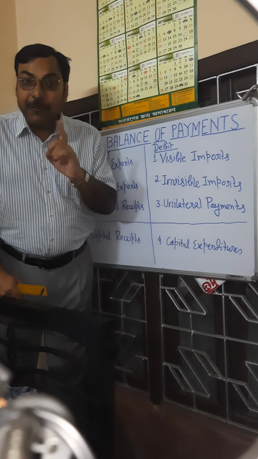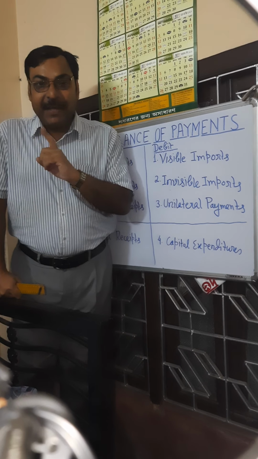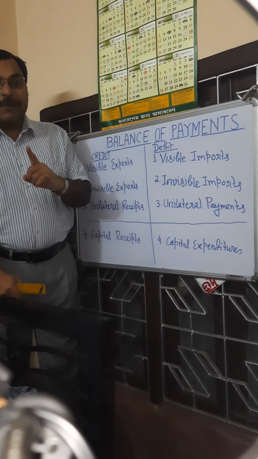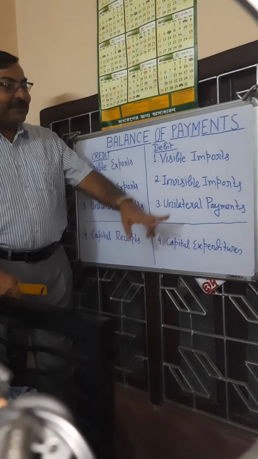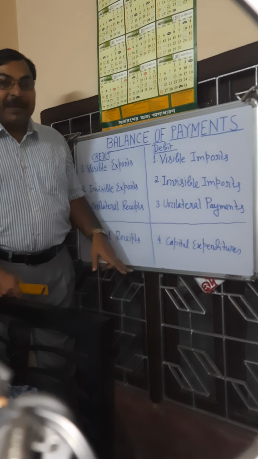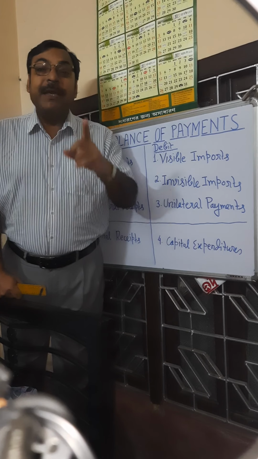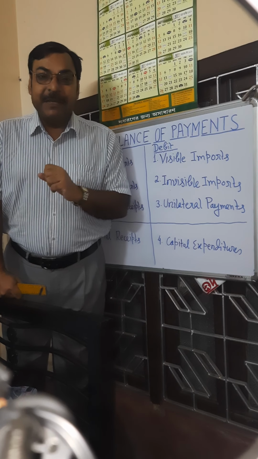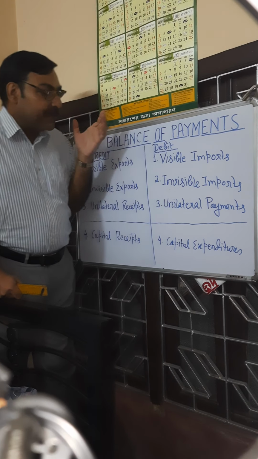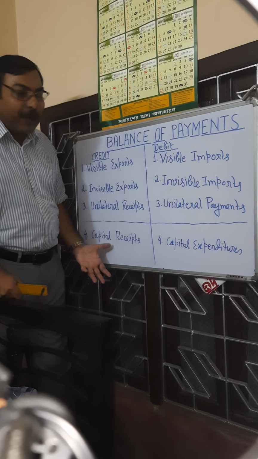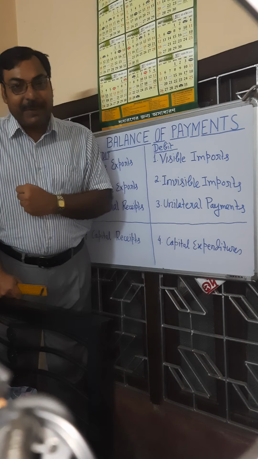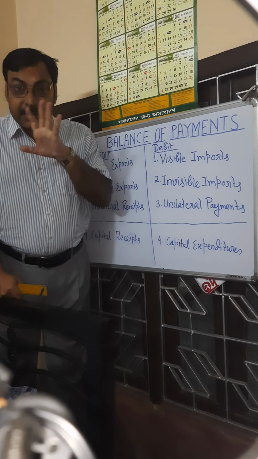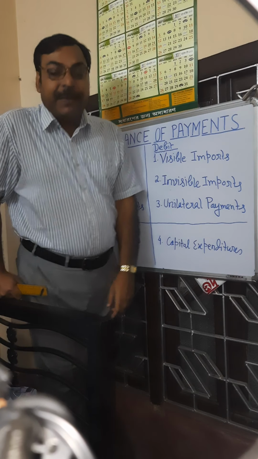These are the number four characteristics. And number five, always keep in mind, according to the rules of double entry system, balance of payment is always balanced. That means the credit side of the balance of payment account must be equal to the debit side of the balance of payment account. This is the idea about balance of payment.